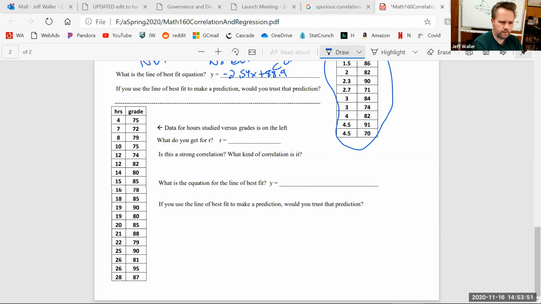Oops. Dadgummit. Let's see. Well, that sucks.